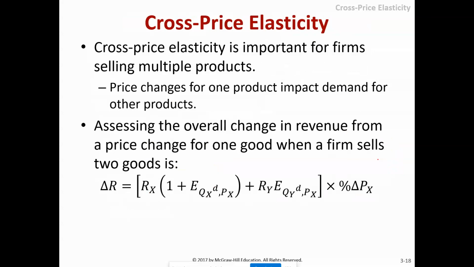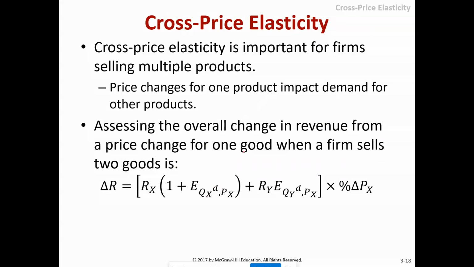Why do we need to learn the cross-price elasticity? It is very handy whenever a firm sells multiple products. For example, you go to McDonald's, it doesn't only sell hamburgers and sandwiches, it also sells drinks and dessert, ice cream, coffee, and so on and so forth. It sells multiple products.